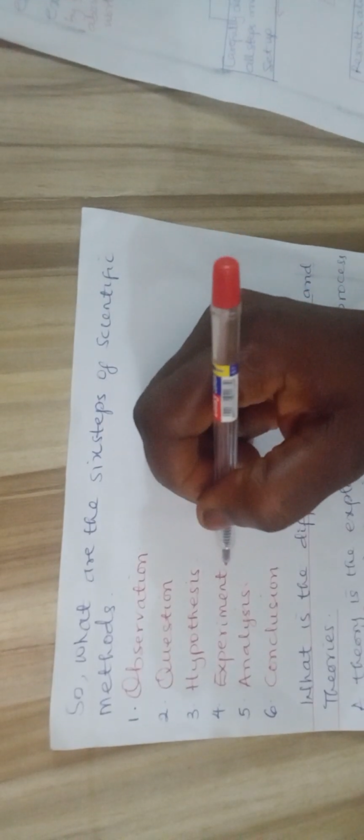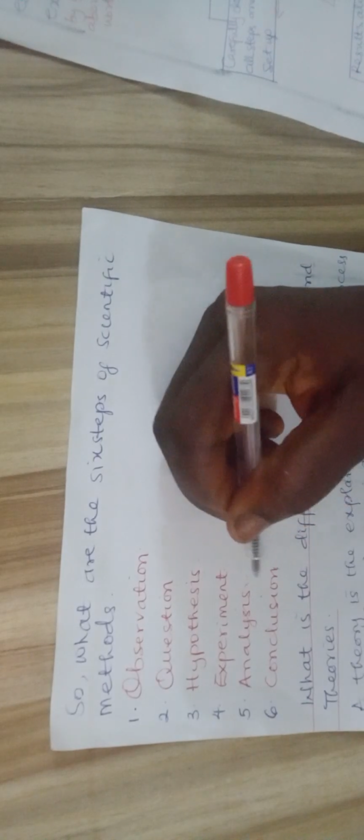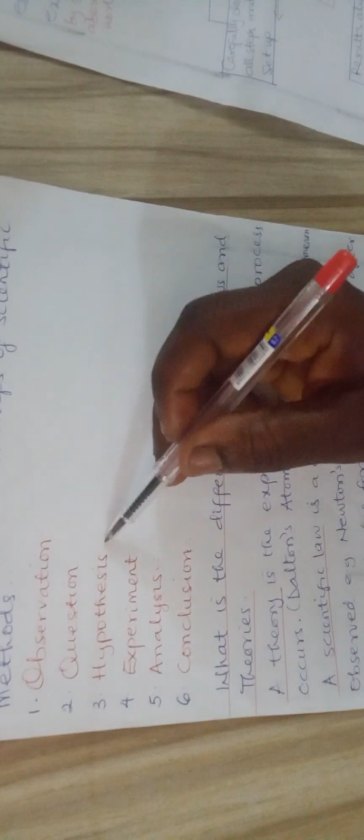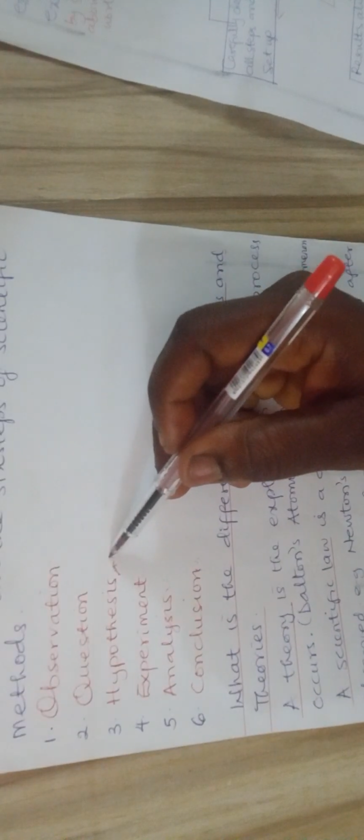From there, they carry out the experiment, analyze their results, and conclude from their analysis. And from there, they get their theories, and theories can be built upon to get law. If the results are not aligning with the hypothesis, the hypothesis is remodified or cancelled, and another one is formed.